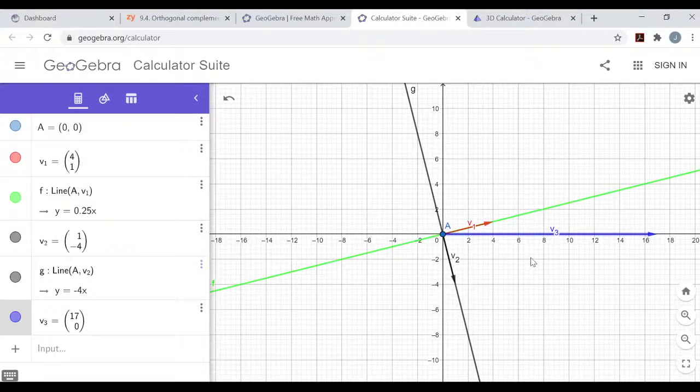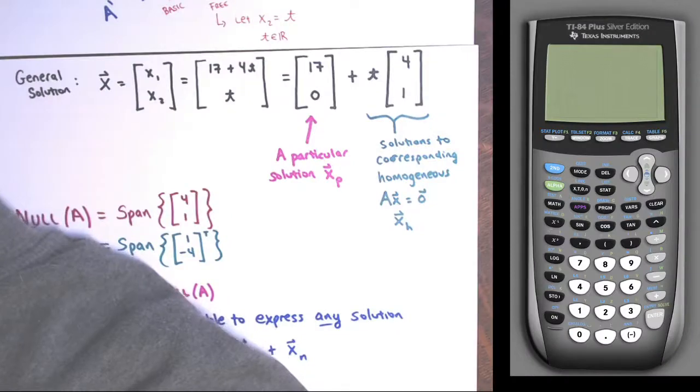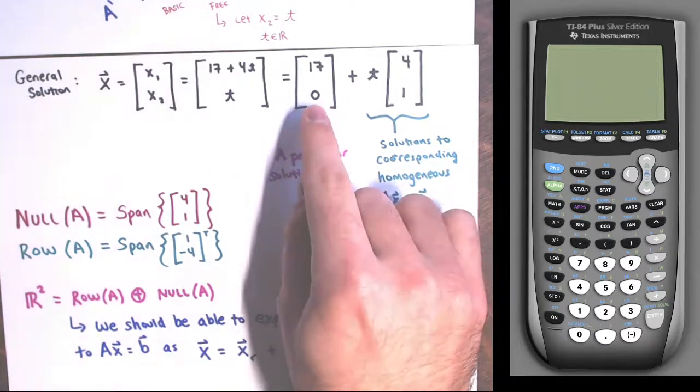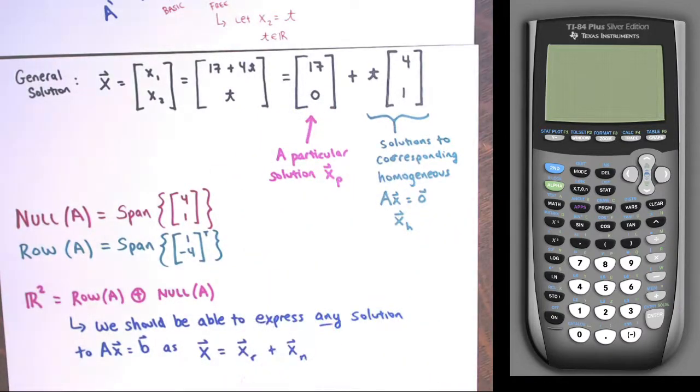The row space is this black line, the span of 1, negative 4. Clearly this vector 17, 0 is not in the row space. So I don't have my solutions set up the way I would like, using the fact that R2 is a direct sum of the row space and null space. But I should be able to take 17, 0 and express it this way.